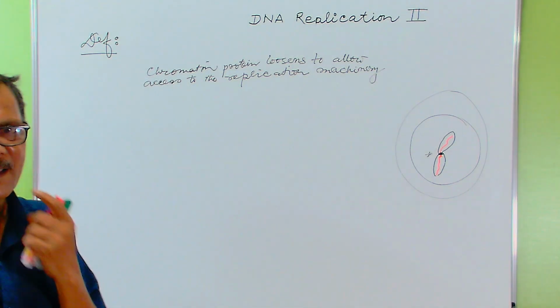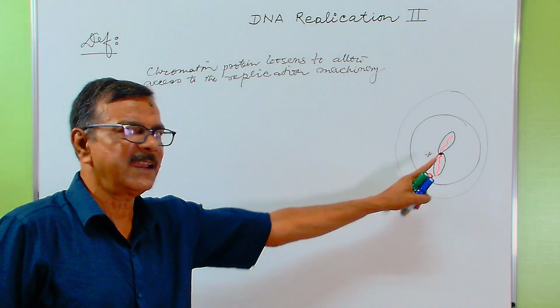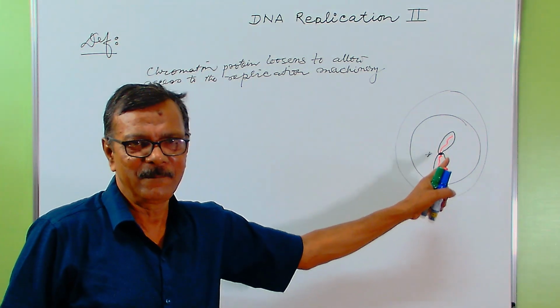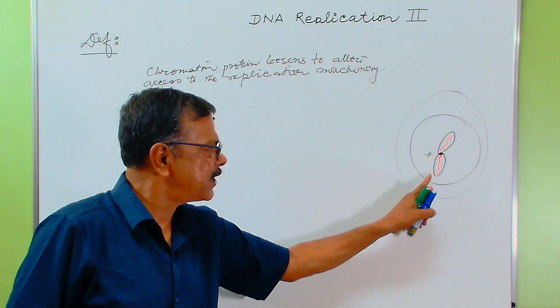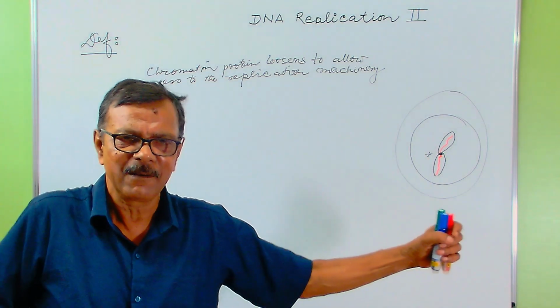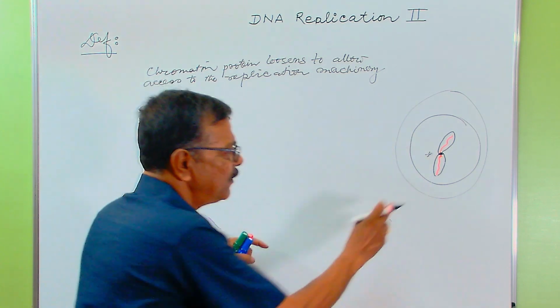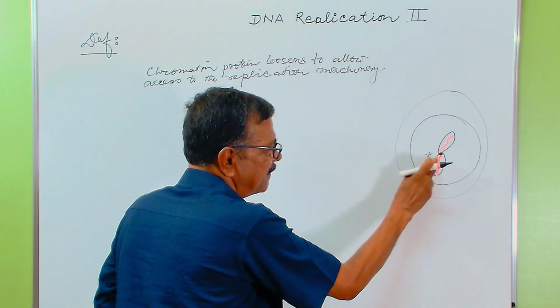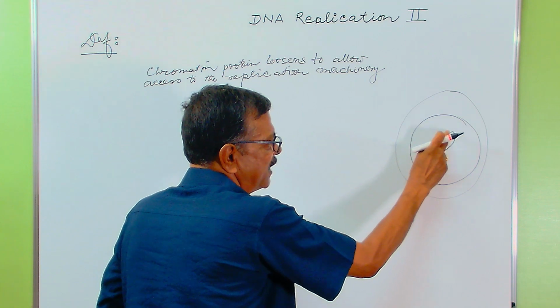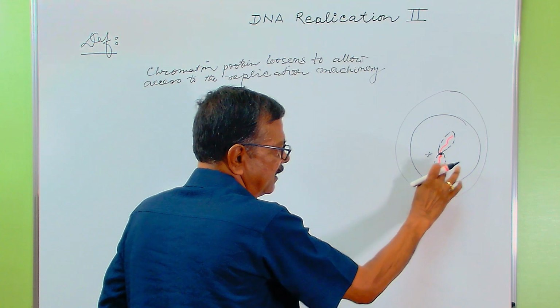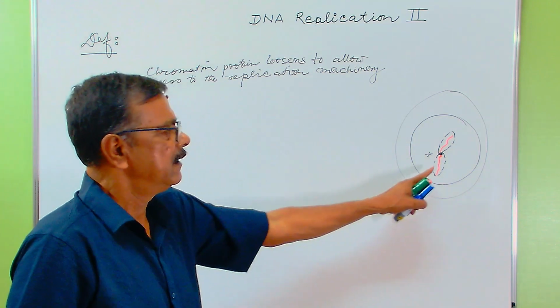They allow access. Otherwise, nobody can enter and change it. So they are losing their security. These securities are standing one after another. Nobody can enter. Though there is an instruction, yes, we loosen it. So there is a security structure, and on the instruction of the nucleus that this will be replicated, it loosens.